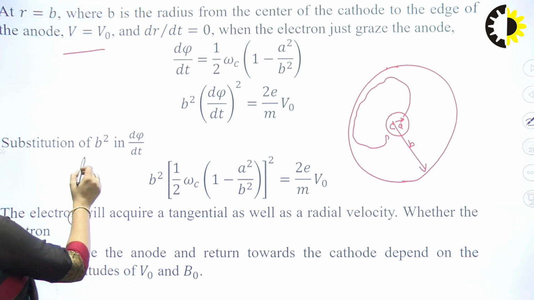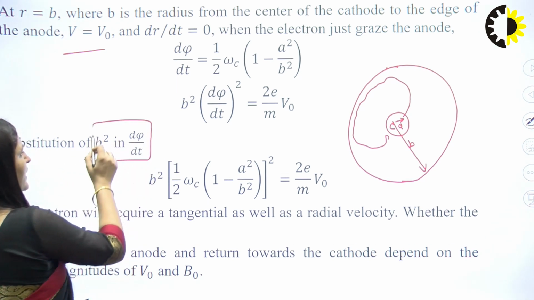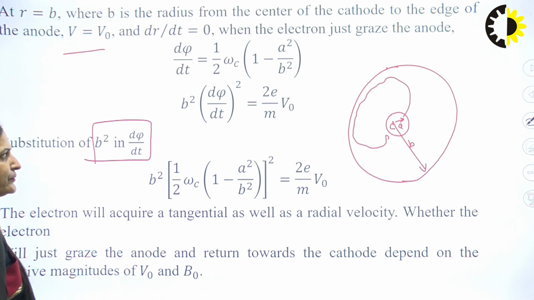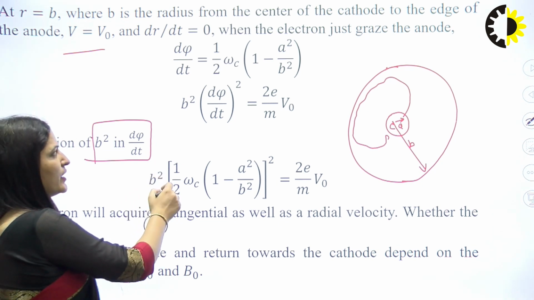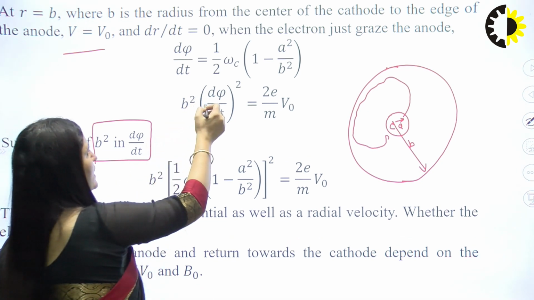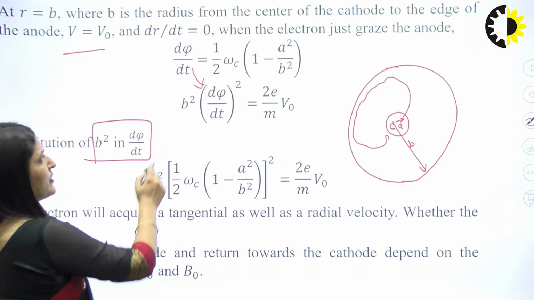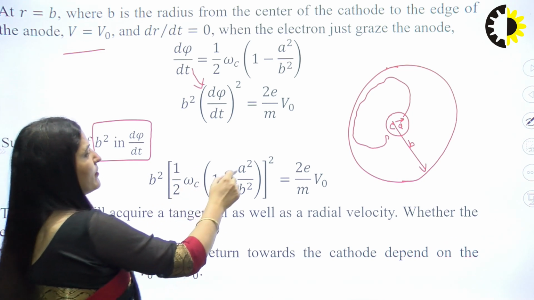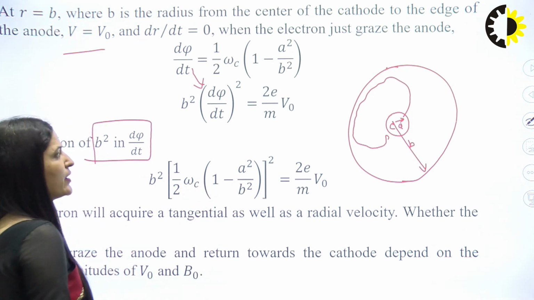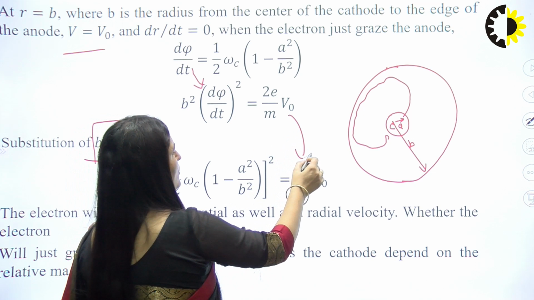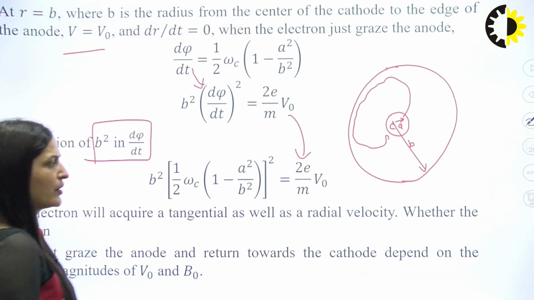So substitution of b square in d phi by dt. So B square is 1 upon 2 omega c. So in this equation we will write this value. B square is 1 by 2 omega c (1 minus a square by b square), the square root is equal to 2 e m by V naught.